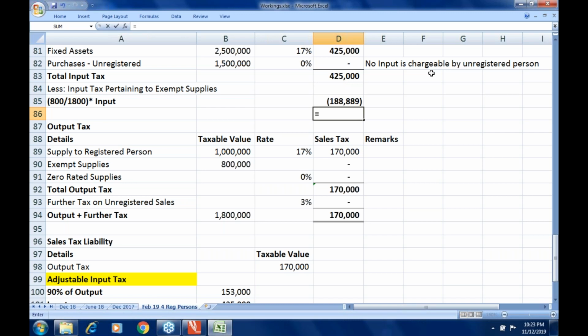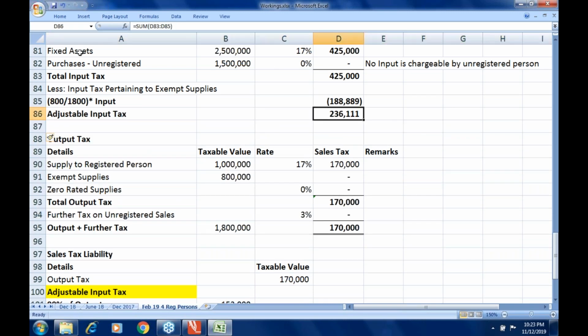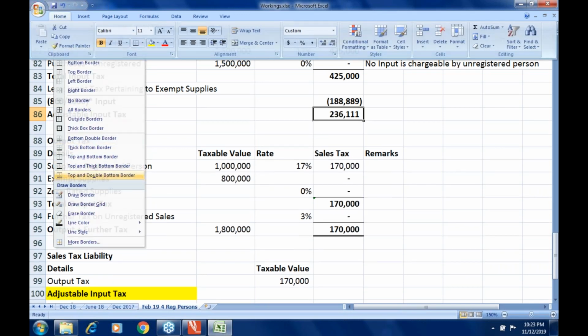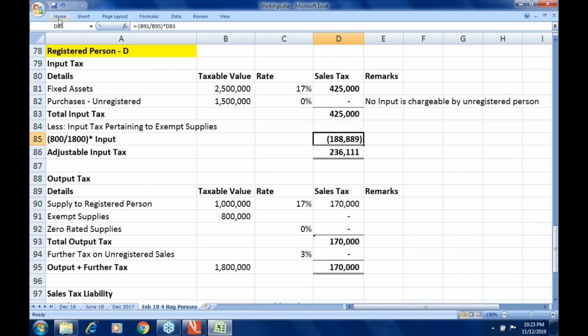We will have the adjustable input tax, because not every input tax is adjustable. The input tax pertaining to this exempt supply would actually be lost.